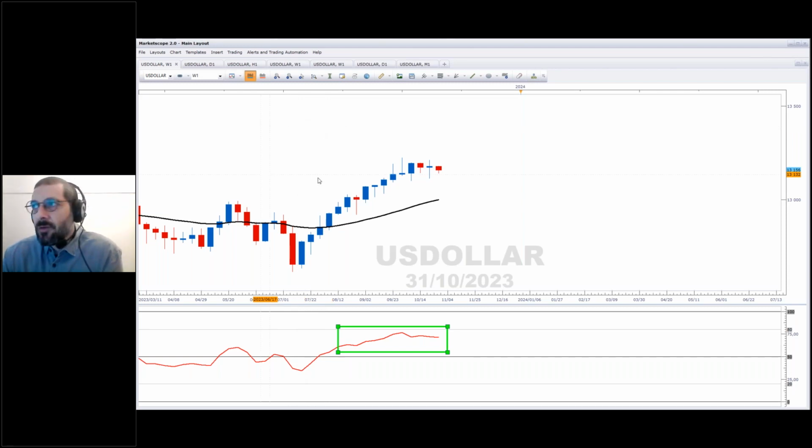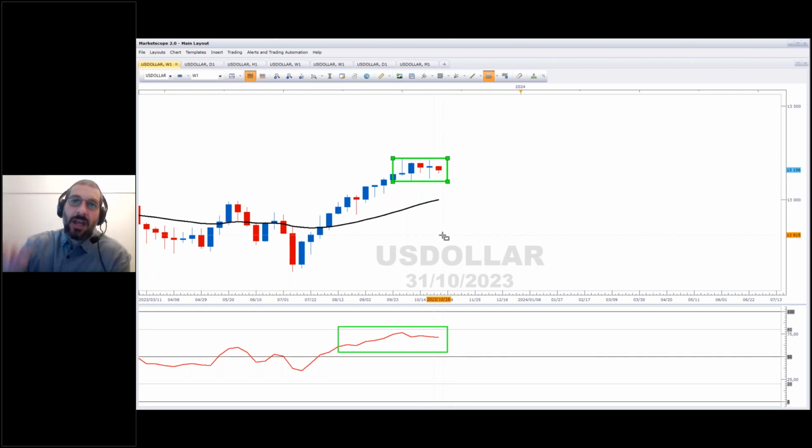What is interesting is the price action of the dollar over the last 5 weeks. Sure, there's been volatility, but in effect, we've moved sideways, haven't we? So we've gone sort of laterally, almost as if the dollar is suggesting some sort of interim top. We haven't pulled back so much, but we haven't gone up either.